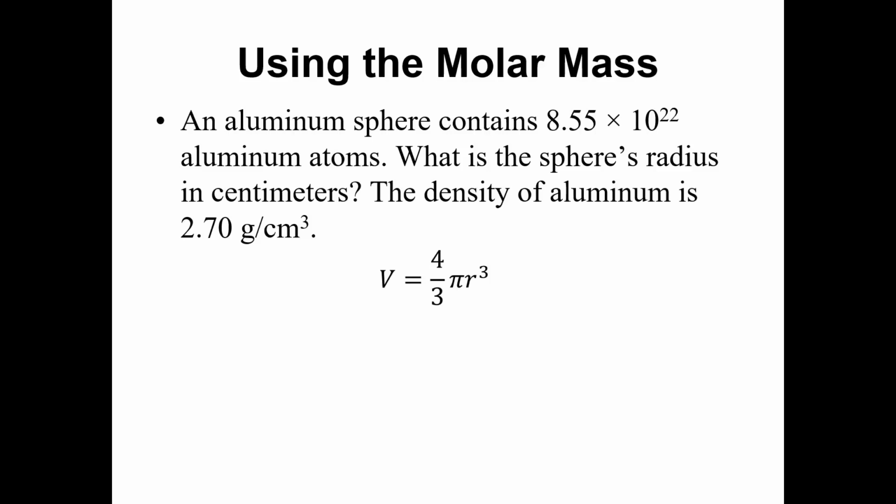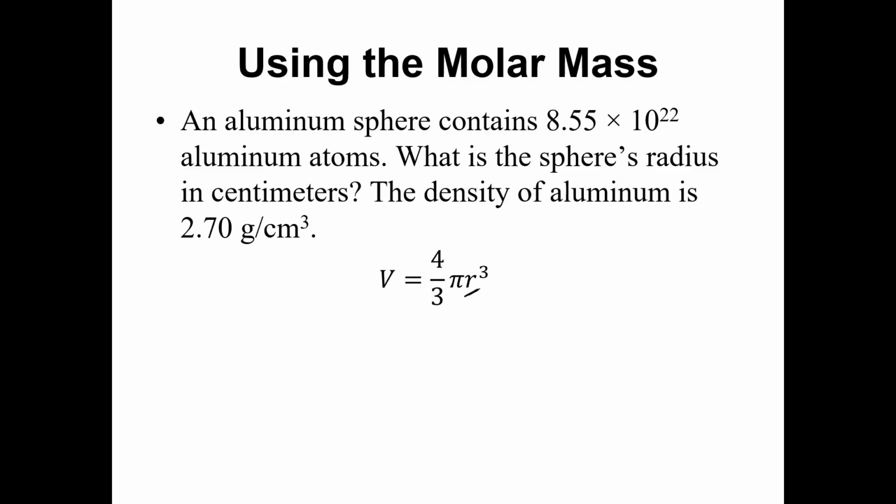And it tells us the density of aluminum is 2.7 grams per cubic centimeter. Then I give you a volume formula of a sphere, and I'm asking for radius. So that's the first thing. I have a formula, and with a little bit of algebra I can solve that for R.